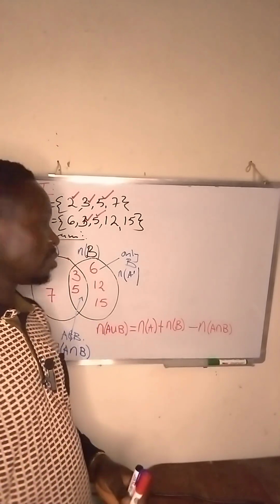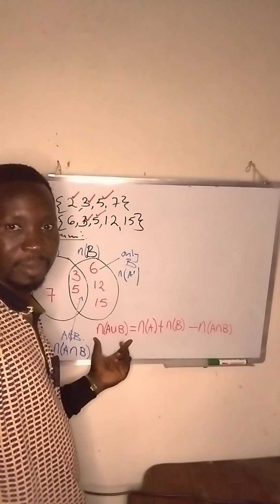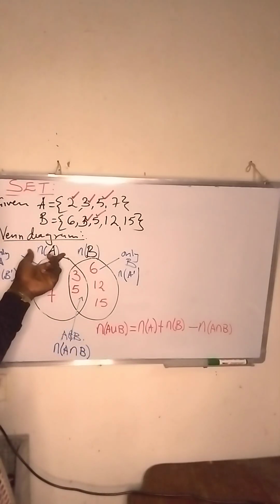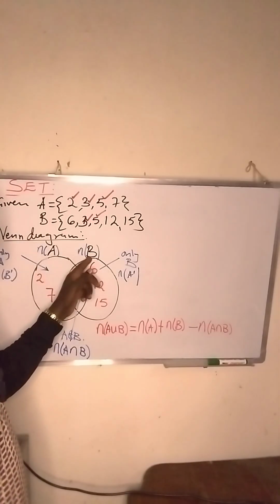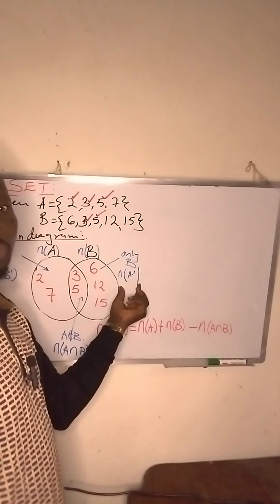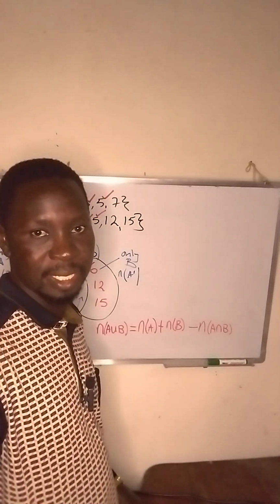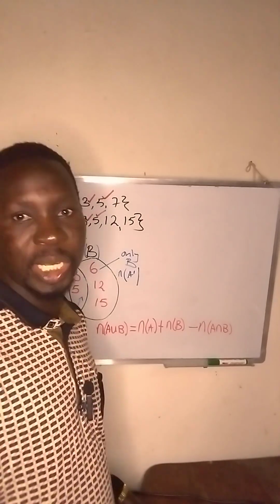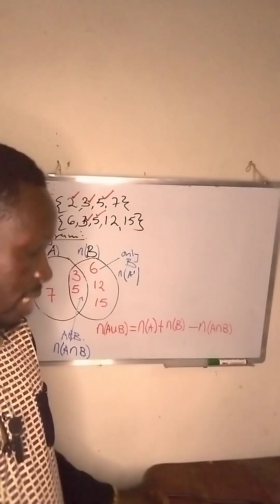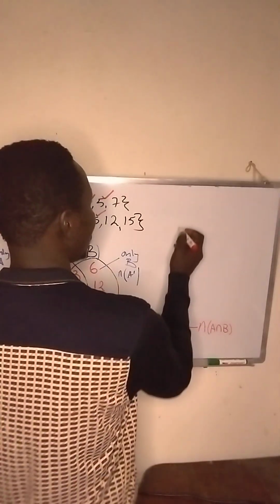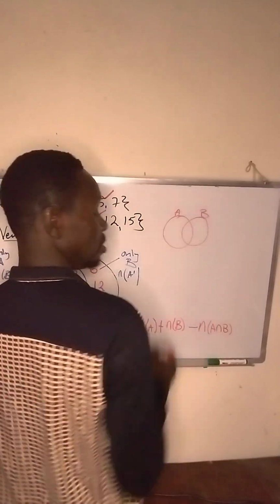In summary, we have understood what a union is. We've got to know how we can represent this symbol: this is the number of elements in set A, this is the number of elements in set B, and also we have seen the complement. For information, when you need to represent these in the universal set, remember when we draw our Venn diagram, say this is A and this is set B. Do you remember that one?